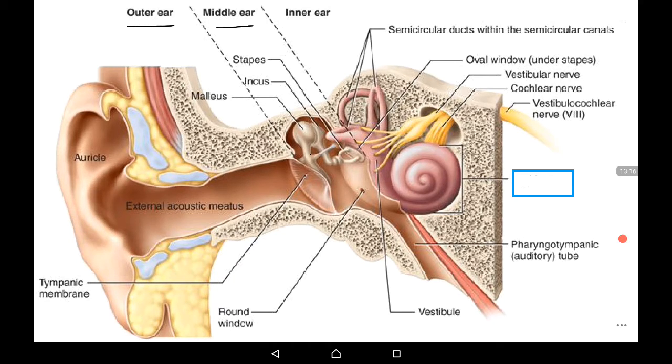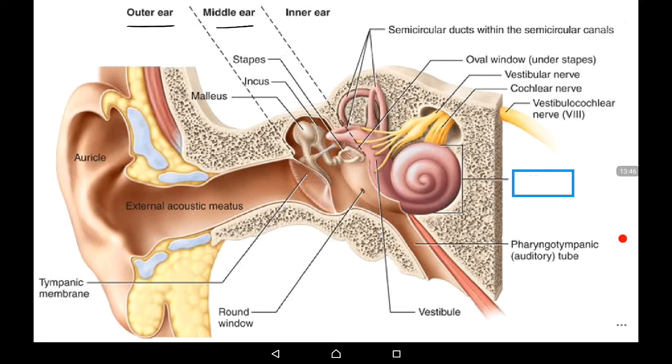And we have inner ear that is in the temporal part of the skull, located in the temporal bone.